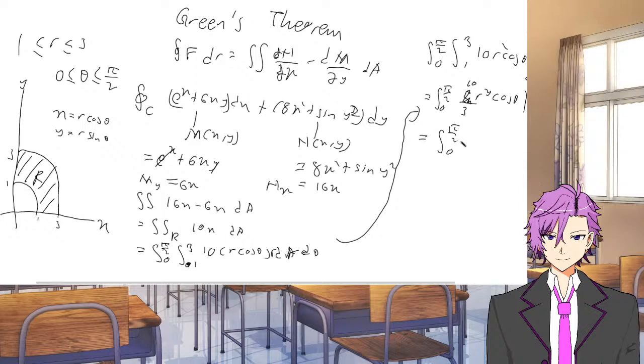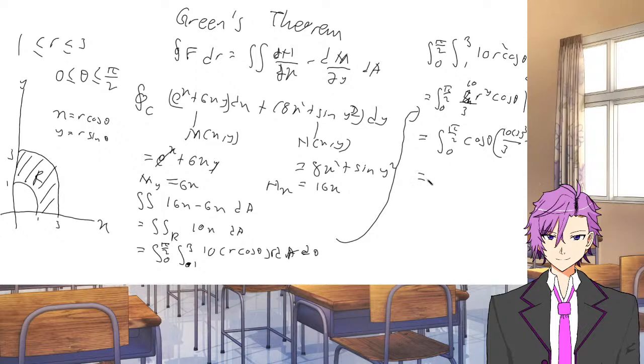Pi over 2. Take out cos theta from this. And then we'll do 10 times 3 cubed over 3 minus 10 times 1 cubed over 3. I hope you bear with me with this. So this is 1, not 4, and this is 3.